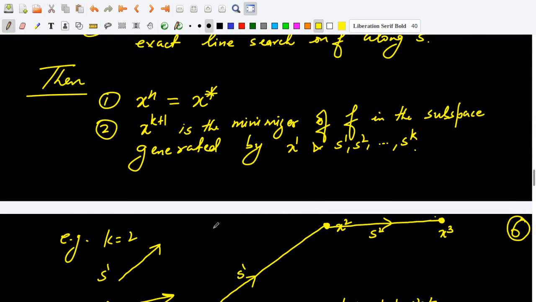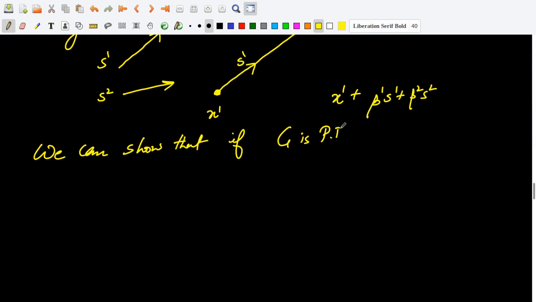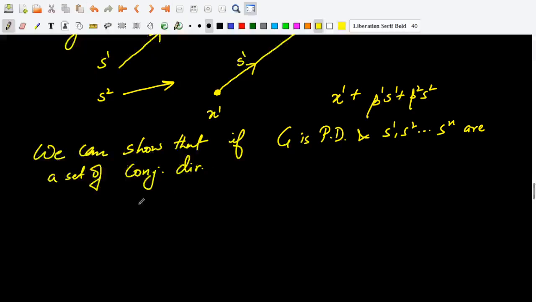Okay, let's take a step back and try to understand what this theorem is saying. So recall that G is positive definite. We can show that if G is positive definite and S1, S2, up to Sn are a set of conjugate directions, then S1, S2, up to Sn must be linearly independent.